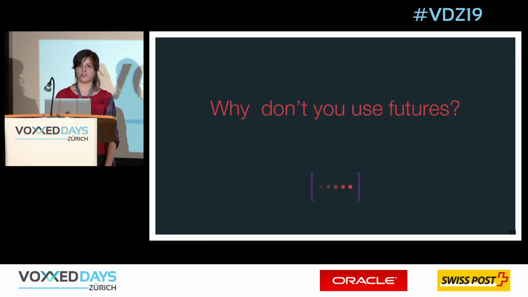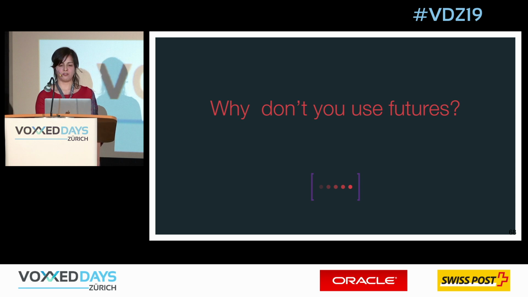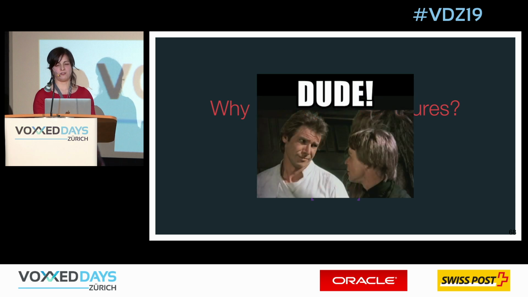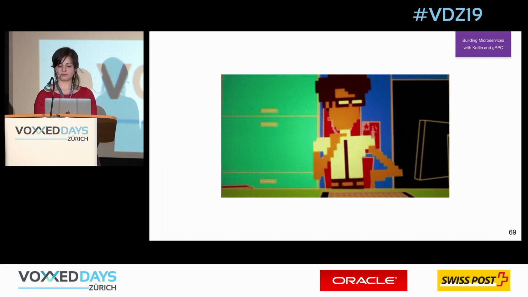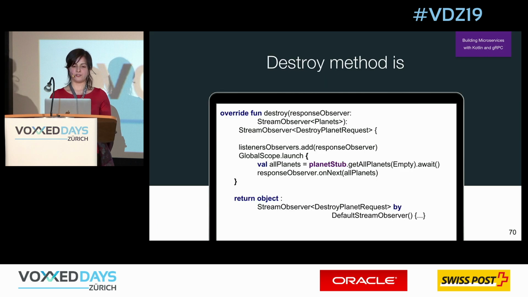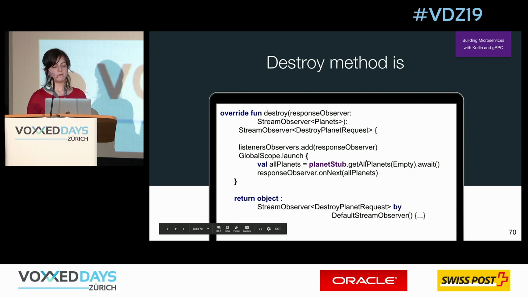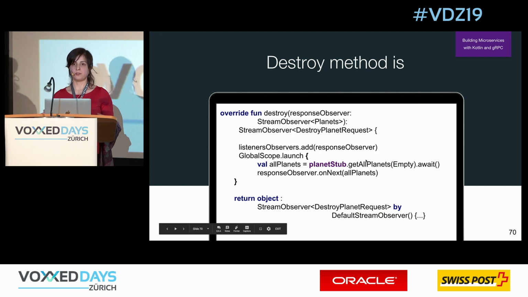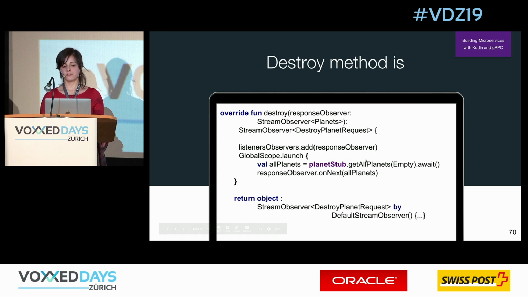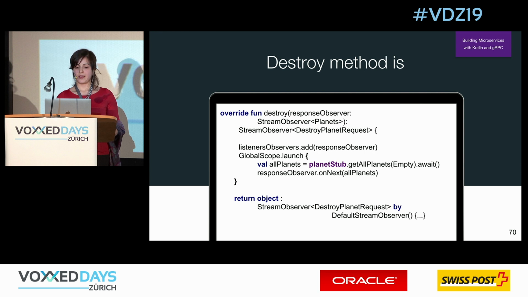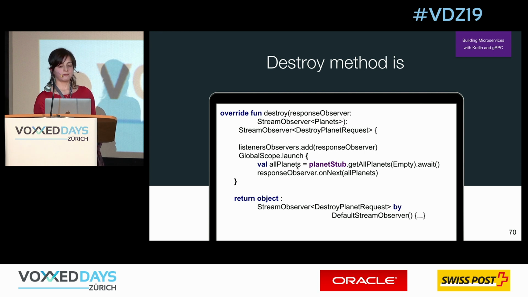Why don't we use futures? It's an obvious solution, so we need to refactor our code. And now we have futures. The first line is the same. We add our response observer to our client listeners in order to subscribe to updates of the destroy method. But then we start a coroutine.